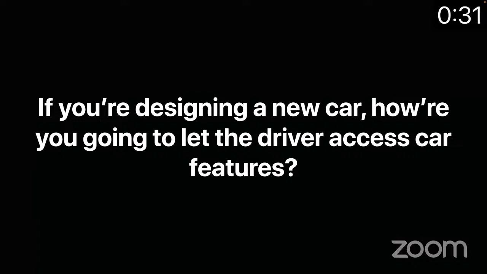Yeah. So basically, when designing a car, one major concern is that the driver should not be distracted from driving. So if everything is in one particular place, like Tesla has their infotainment screen, which has every feature, you can adjust the AC settings, you can adjust the radio settings, everything.